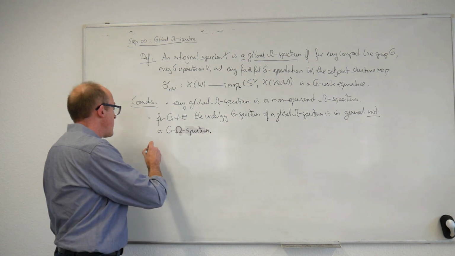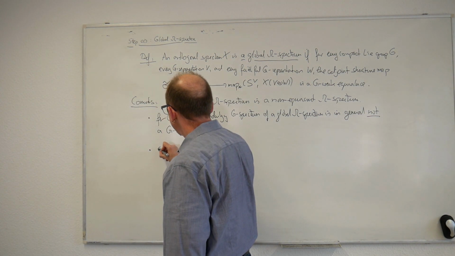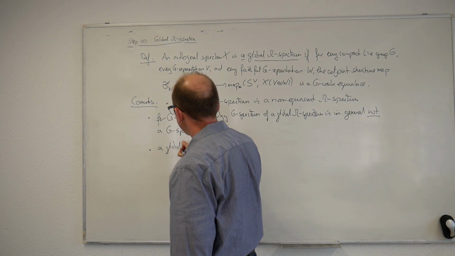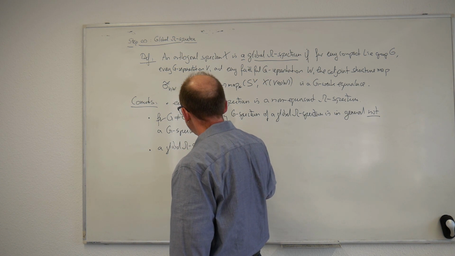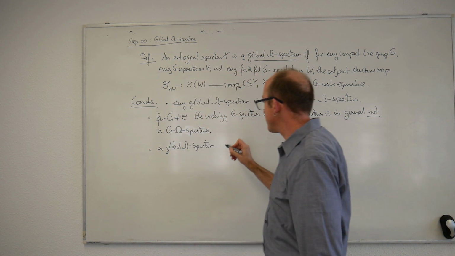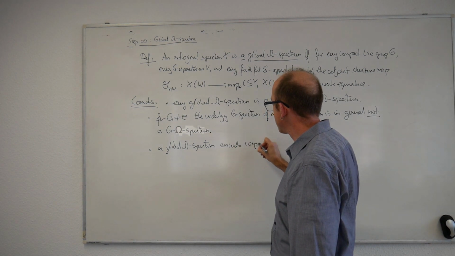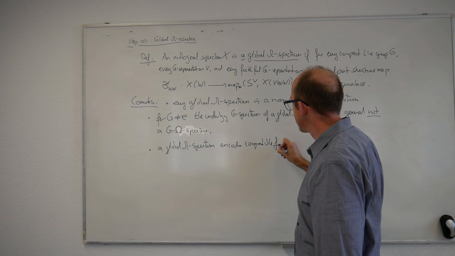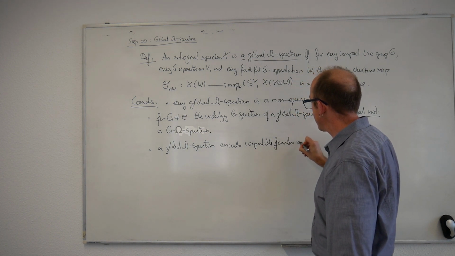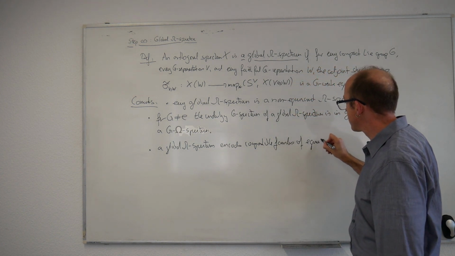The next comment that I would like to make is that a global omega spectrum is a very rigid kind of structure and it encodes compatible families of equivariant infinite loop spaces.